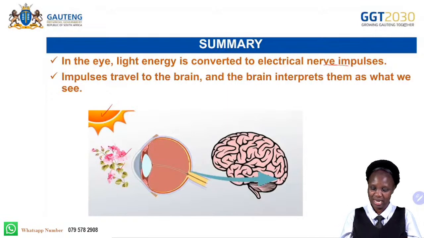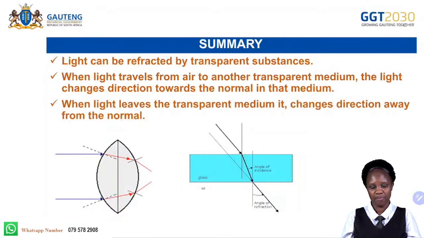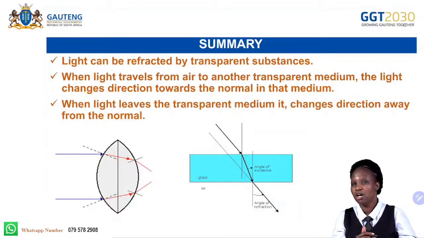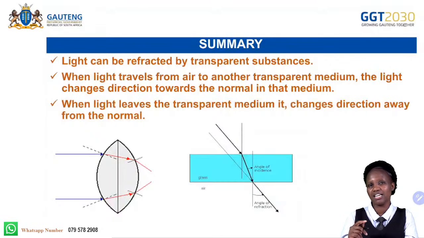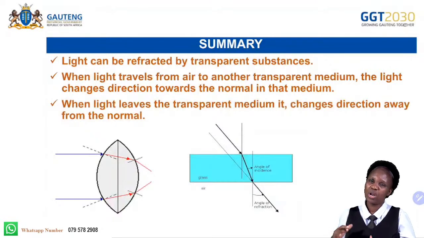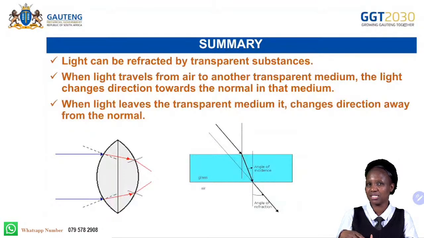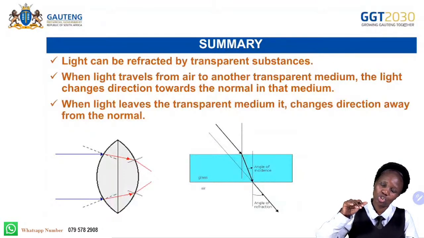Okay, let's move on. Light can be refracted by transparent substances. What do we mean when we say light can be refracted by transparent substances? When we say light can be refracted, we are meaning that when light strikes a transparent medium or substance, light is going to be refracted.